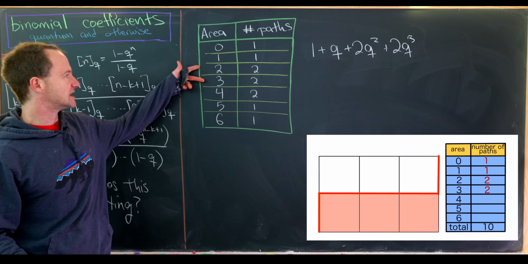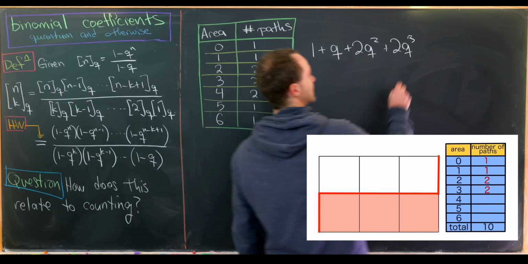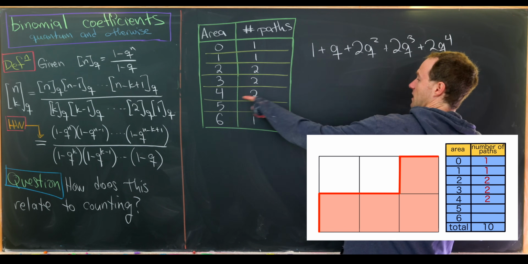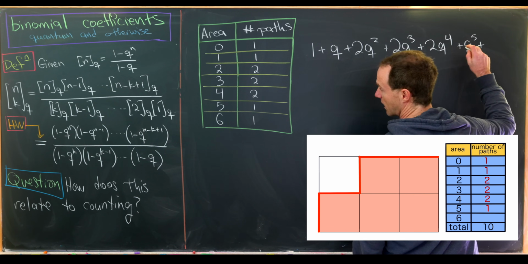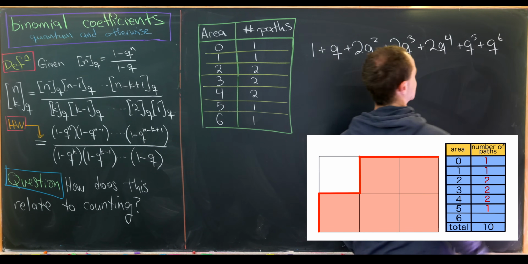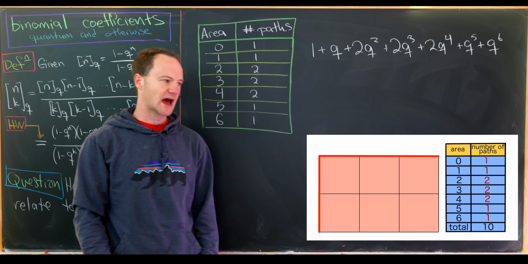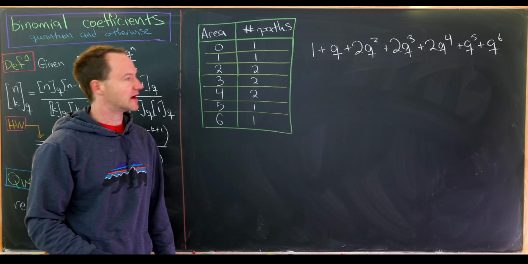So that's the counting of the paths with area 2 and 3. Finally, plus 2q to the fourth, that's the paths with area 4, and then plus q to the fifth plus q to the sixth. And we want this to look pretty similar to what we had when we were just counting the paths up.